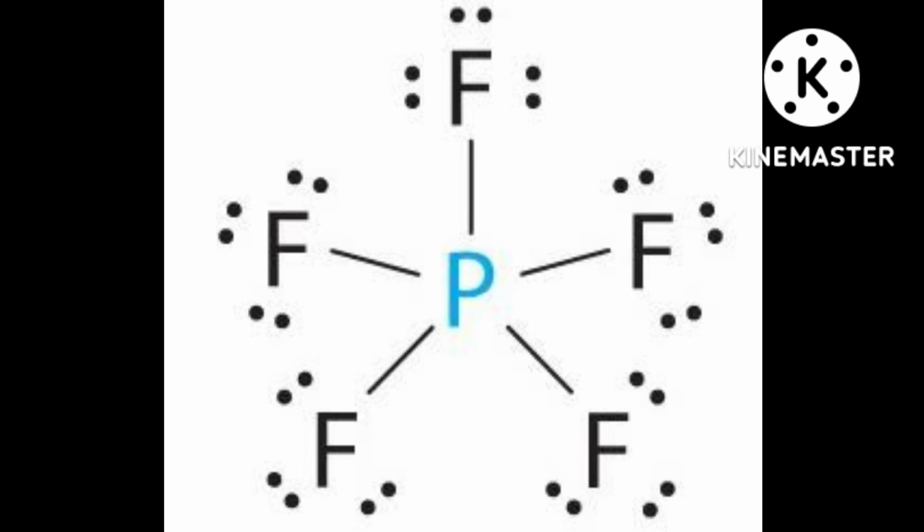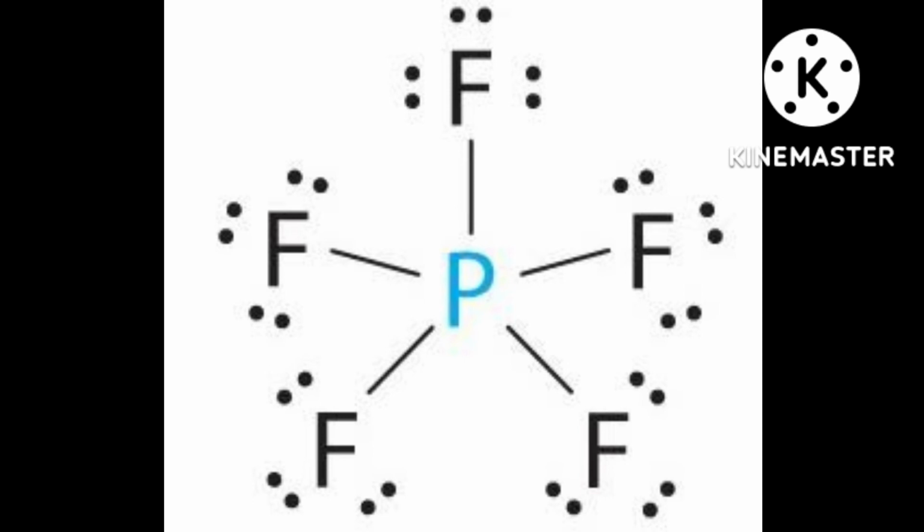The first example I am telling you is PF5, phosphorus pentafluoride, just like PCl5, phosphorus pentachloride, same thing. You can take an example of anyone, PCl5 or PF5, both belong to the halogen. Here the central atom is P, and 5 fluorine atoms are surrounding.